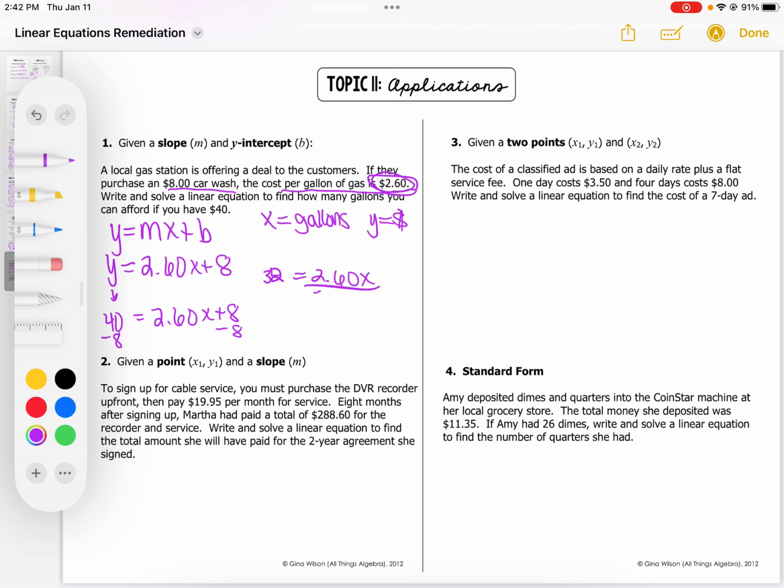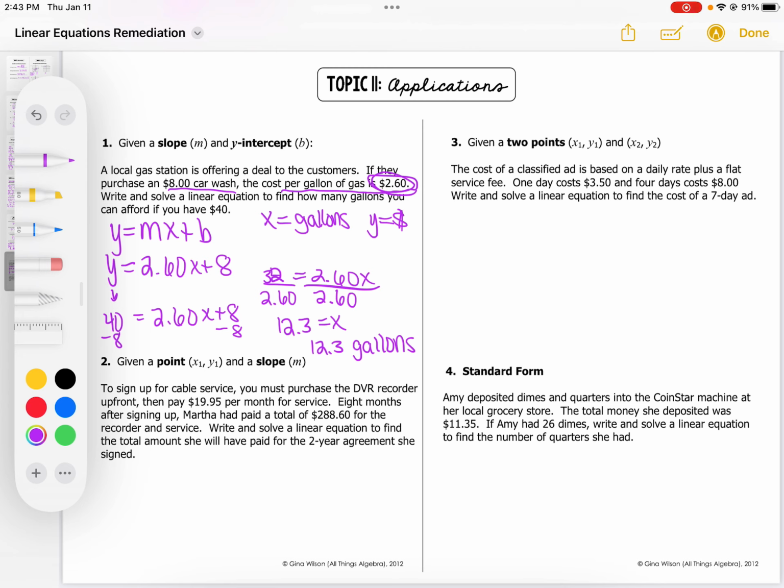And then we would divide both sides by 2.60. And 32 divided by 2.60 is 12.3. That means we can get 12.3 gallons with that amount of money that we have.